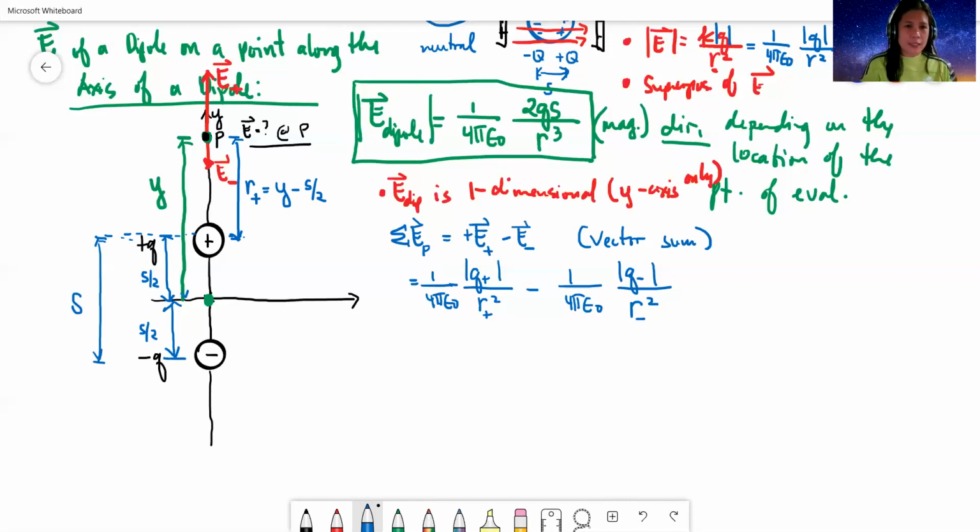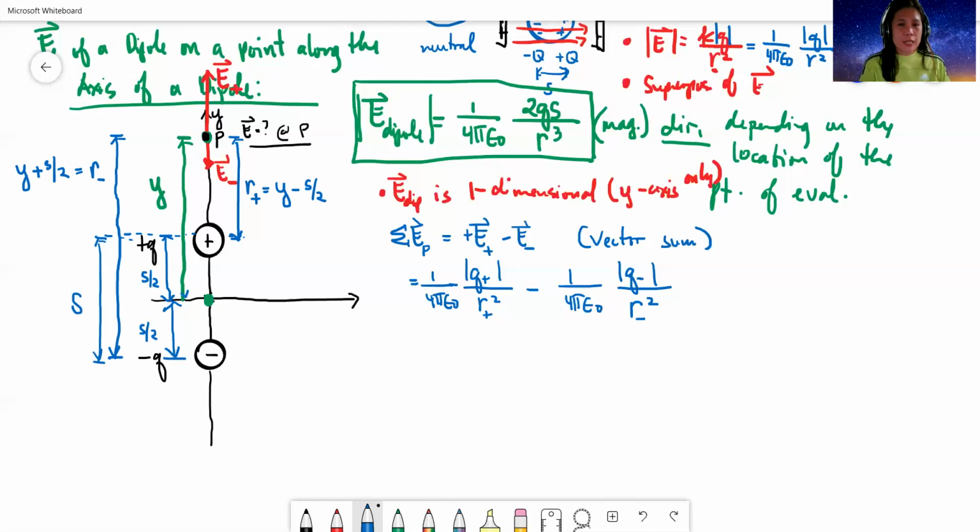So the R negative is from this point of evaluation going down here to the source charge negative. This is now my R negative, which is obviously the green arrow, Y plus S over 2. So R now is Y plus S over 2. So that's the difference between R positive and R negative.